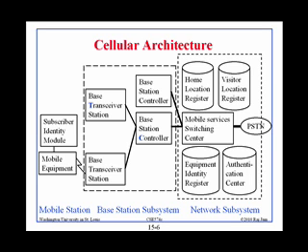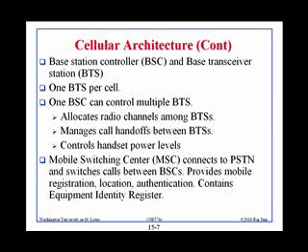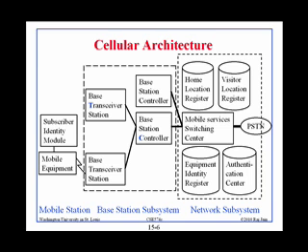Now the way the cellular system is structured inside is shown in this slide, and this slide goes along with the next slide, which you can read. Basically, first thing we have is the cell phone. Cell phone is called mobile equipment.